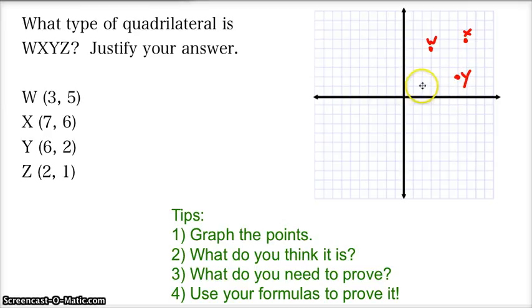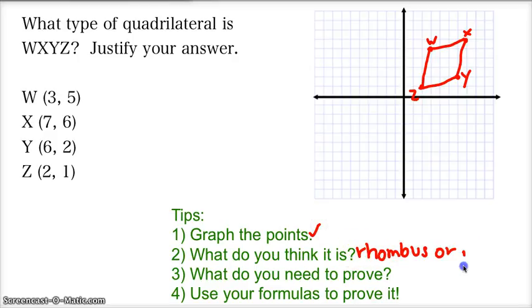And then Z is 2, 1. So here is my quadrilateral. I'm sure a ruler would have made my life way easier, but there you have it. So I graph the points. What shape do we think it is? Well, it looks like either a rhombus or a parallelogram.